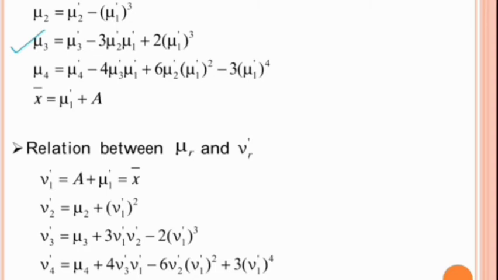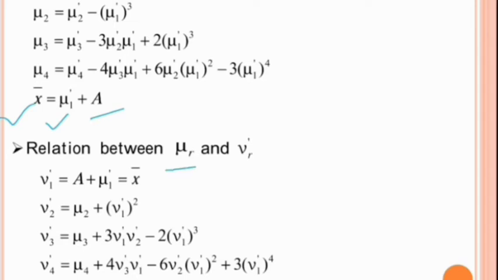Mu 3 is given by mu 3 dash minus 3 mu 2 dash mu 1 dash plus 2 mu 1 dash whole cube. Mu 4 is given by mu 4 dash minus 4 mu 3 dash mu 1 dash plus 6 mu 2 dash into mu 1 dash whole square minus 3 into mu 1 dash raised to 4, where x bar is equal to mu 1 dash plus a. We will see how to use this in various examples. For the moment, just remember these formulas.